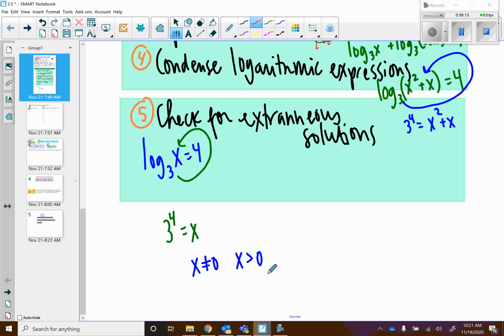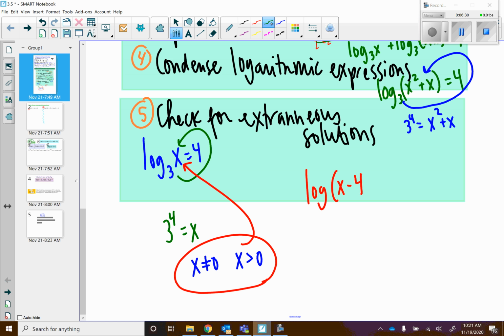So both of those things are going to be taken into this idea that we cannot plug a negative number into a logarithm, or the thing we get inside the log cannot be negative. So for example, if I have log of x minus 4 and I solve my equation and one of the solutions I get is x equals 3, this would be an extraneous solution.